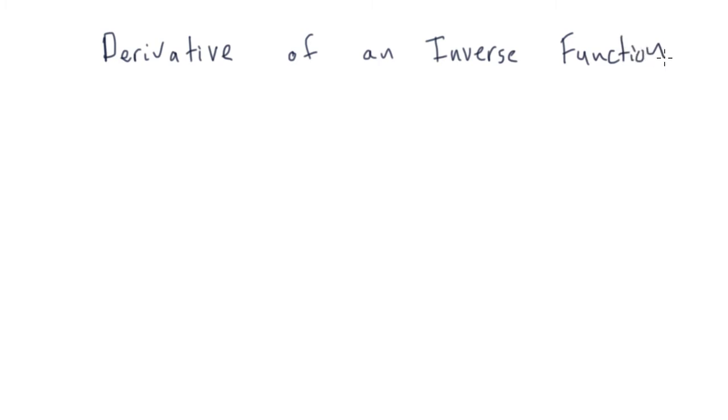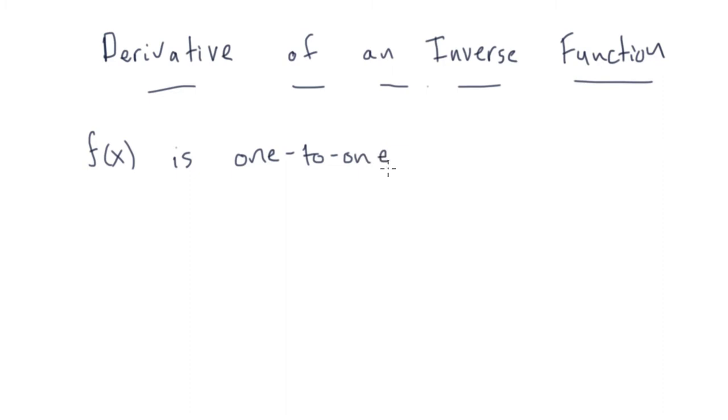Okay, so let's go back and think about what an inverse function is. So if I have a function f of x, and f of x is 1 to 1, and now f of x may not be 1 to 1 on its natural domain. We may have to restrict the domain so that it is 1 to 1.